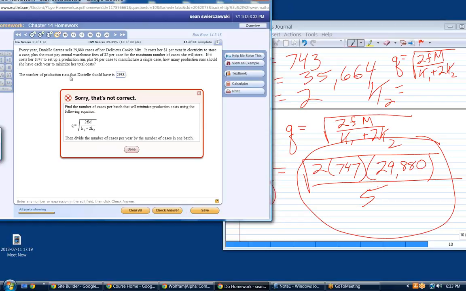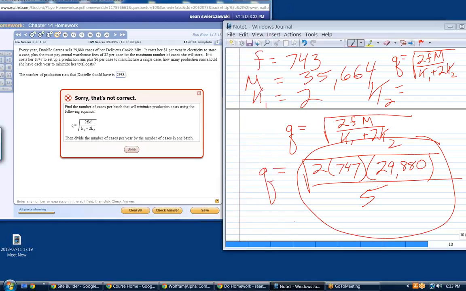So Q is the number of production runs? Yeah. No, Q is the number of units in a batch. So what did this number come out to be again? Divided by 5 or divided by 4? Yeah, divided by 5. That was 2988.